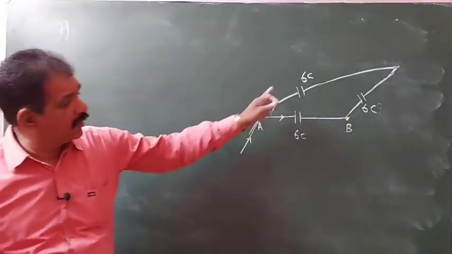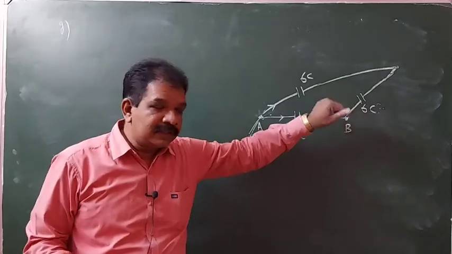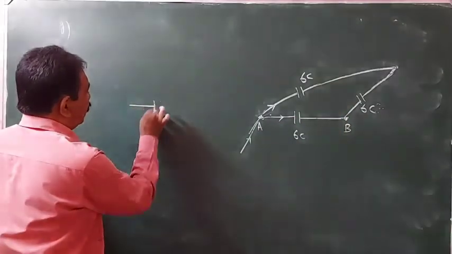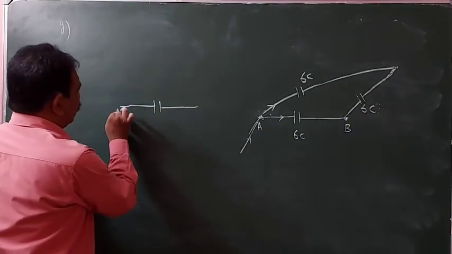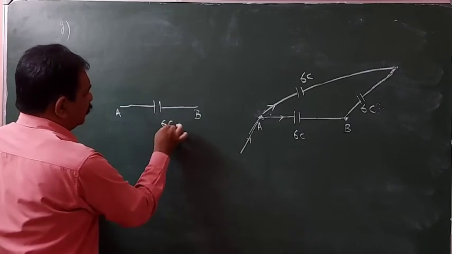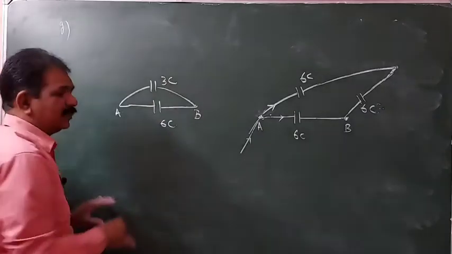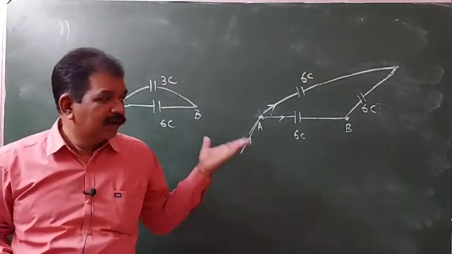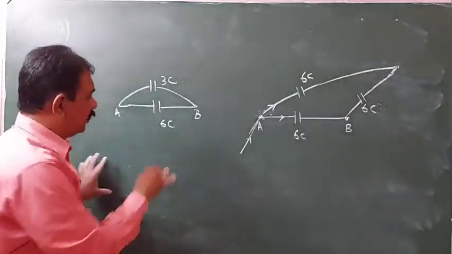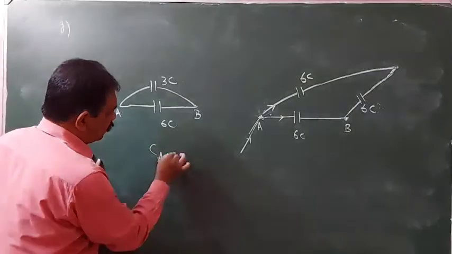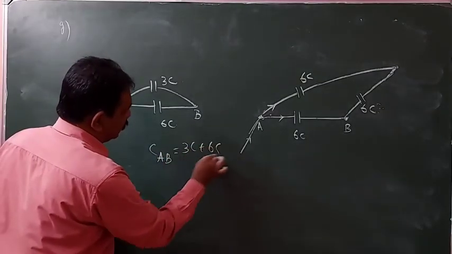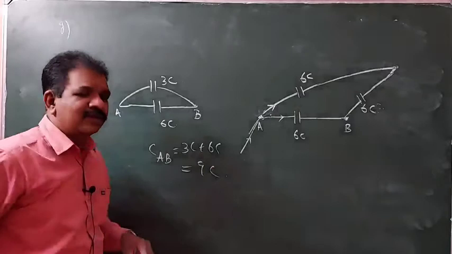So this 6C will be in series. So what will happen? Here A, here B. This is 6C, this will be 3C. Clear understanding? Then these two will be in parallel. Effective of these two will be 3C plus 6C. This value is equal to 9C.